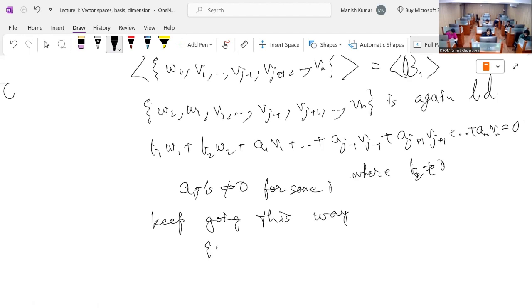What you'll get is that eventually, if you keep going this way, you'll keep on adding, and after n stages all the Vi's will be gone and only the Wi's will remain.